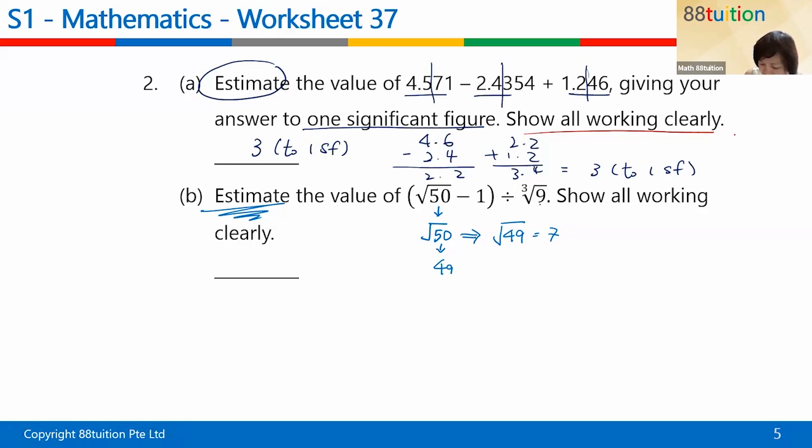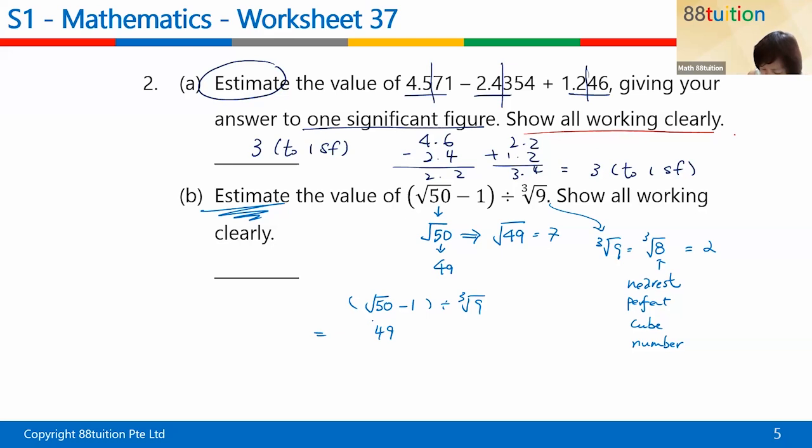Then another thing is, you have the cube root of 9, and the nearest perfect cube number is 8. So I put here, nearest perfect cube number. We learned this before, cube number. And this gets down to 2. So now you have the square root of 50 minus 1, divided by the cube root of 9.